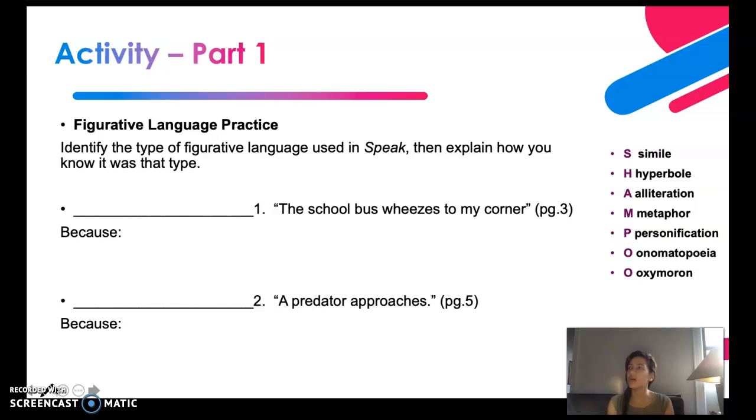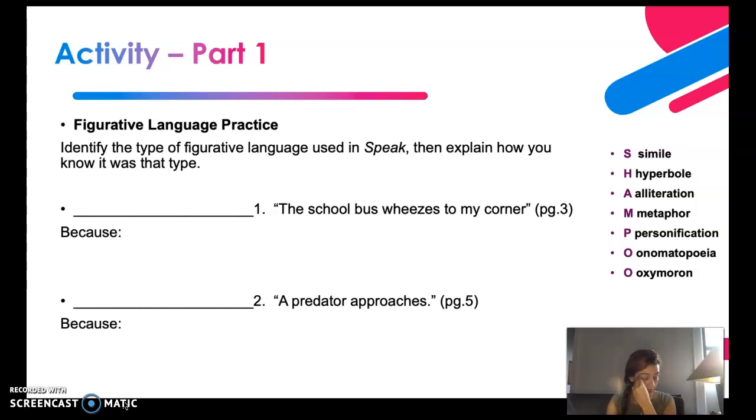Anybody else? Okay, so you think that it could also be a personification? Why? Okay, yes, that's true, because in this case, they're giving some personality to the bus. It's saying that the bus is able to wheeze.